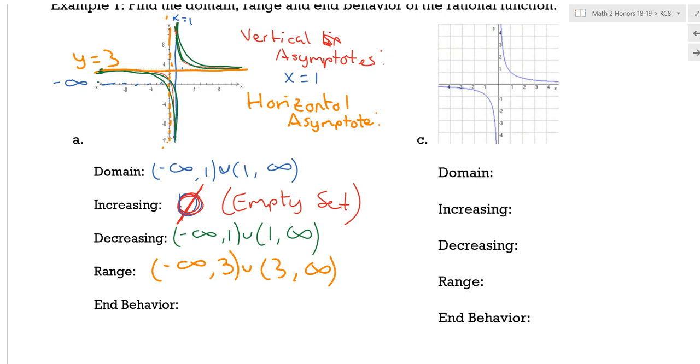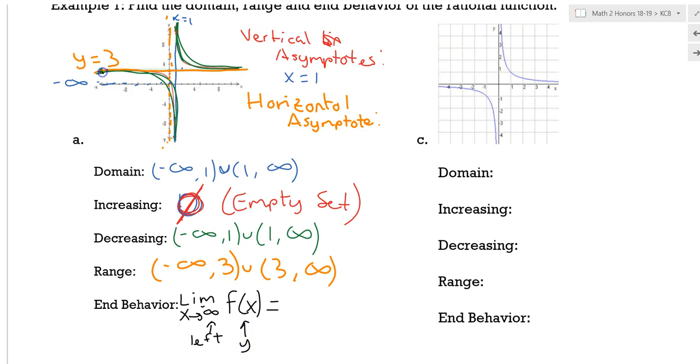Finally, with our end behavior, we have our two different types, right? The limit as x approaches infinity of f of x. Let's do negative infinity first, actually. So that's, again, negative infinity is the left side. f of x is our y.